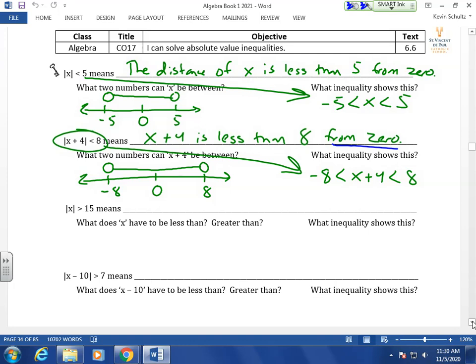But those bars, adding that "from 0", means that we have to include both sides. So the two numbers that are 8 away from 0 are -8 and +8. X plus 4 has to be less than 8 from 0 on the negative side, which includes all these numbers here. And it has to be less than +8 from 0, which are all those numbers there. Okay?